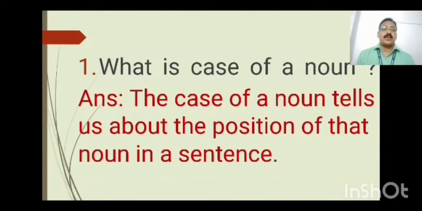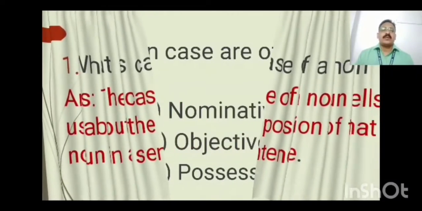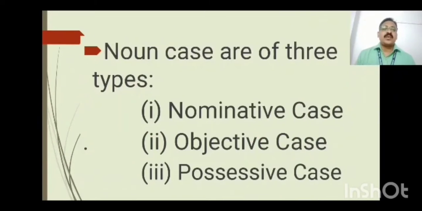So children, now we will know a noun in which case. First of all, before that, we should know how many cases of nouns are there. Actually, there are 3 cases of noun.